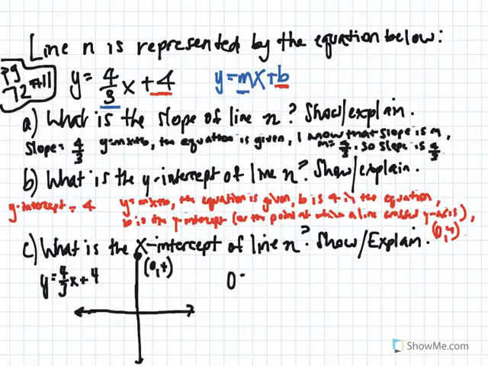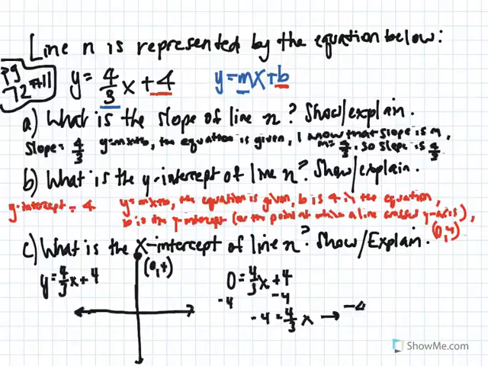To do that, we set the equation equal to 0, because y has to equal 0. And we get 0 equals 4/3 x plus 4. Now I'm going to solve for x. I'm going to rewrite this with fractions so I can rationalize.